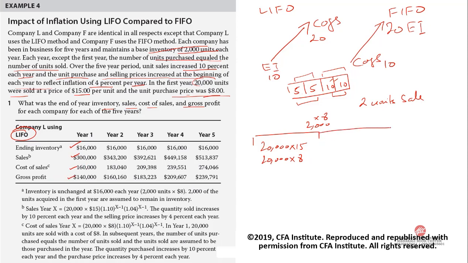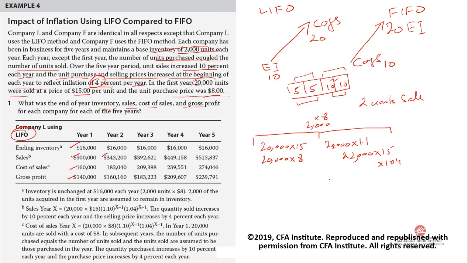Now for the second year, our sales are going to grow by 10%. So 20,000 into 1.1 would be 22,000. 22,000 multiplied by 15, and the price is growing by 4%. So 15 into 1.04. So 22,000 multiplied by 15 into 1.04 is 343,200.